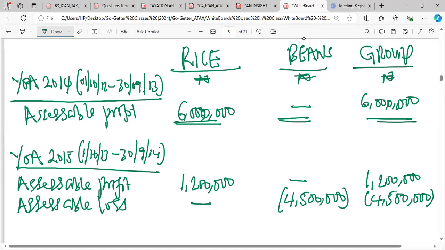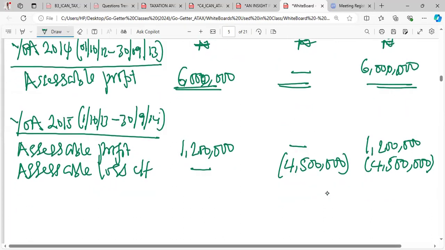So this must be carried forward until beans has a profit to make. So the group will not add the profit and net off the loss. It will show the profit, it will show the loss. No net off, because the group will not be paying tax. So that's it for that year.